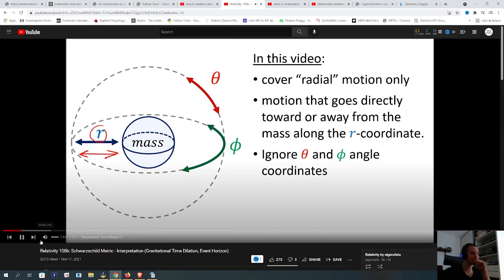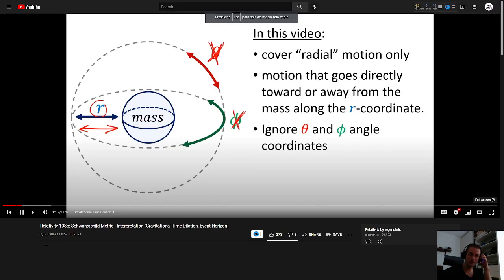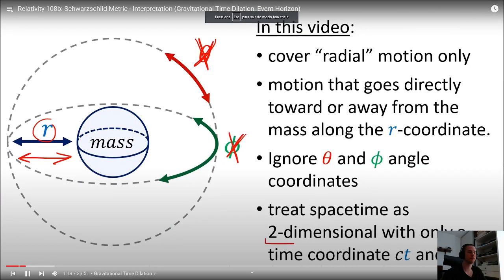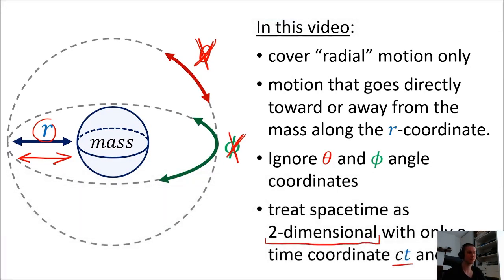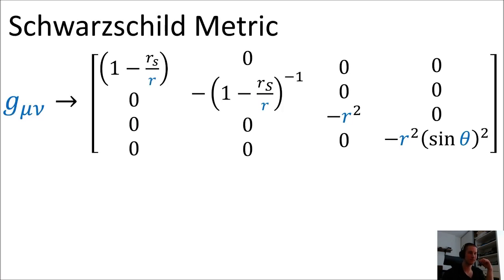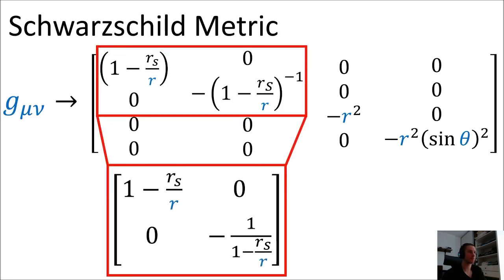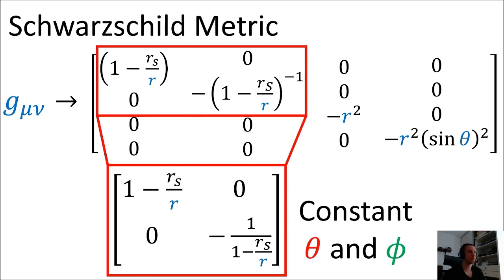This means I'm going to ignore the theta and phi angle coordinates, and I can treat spacetime as two-dimensional, with only a time coordinate ct and a radial coordinate r. So I'm only going to use the ct and r entries from the Schwarzschild metric.